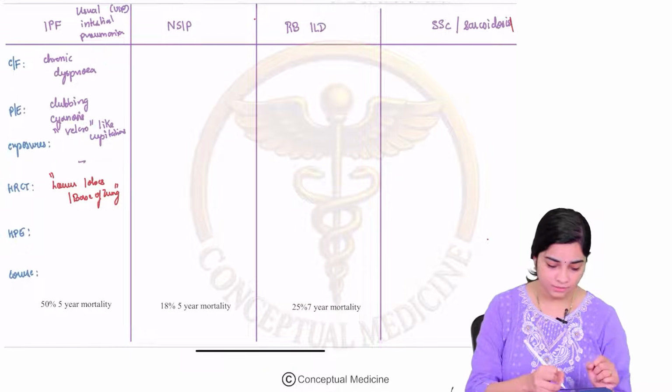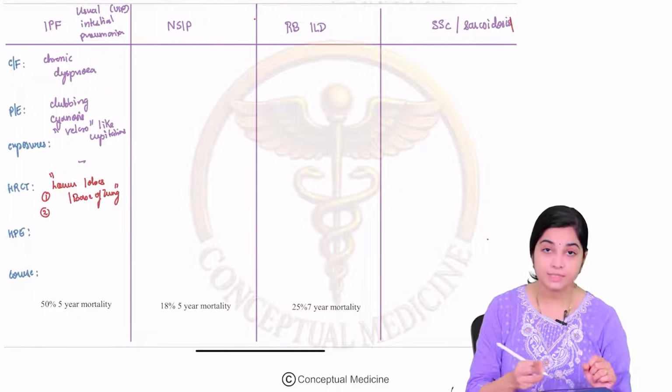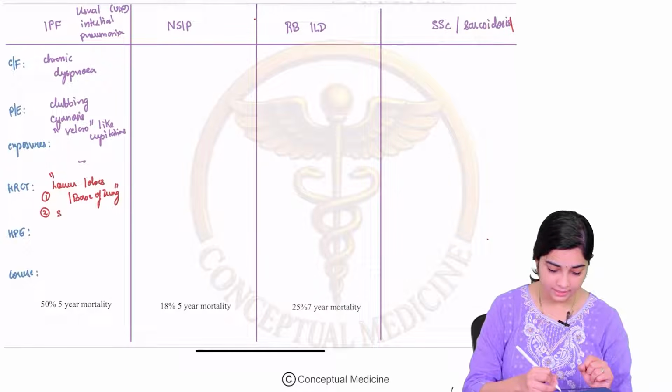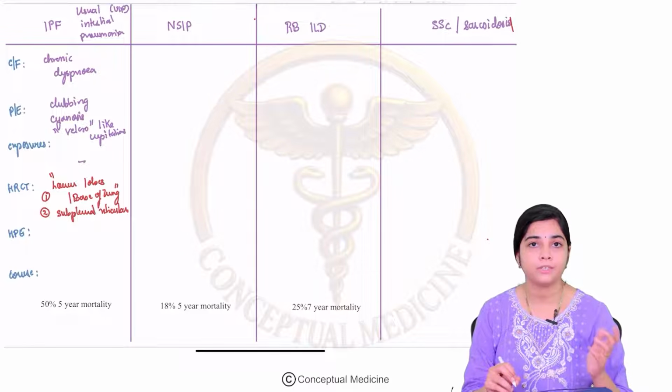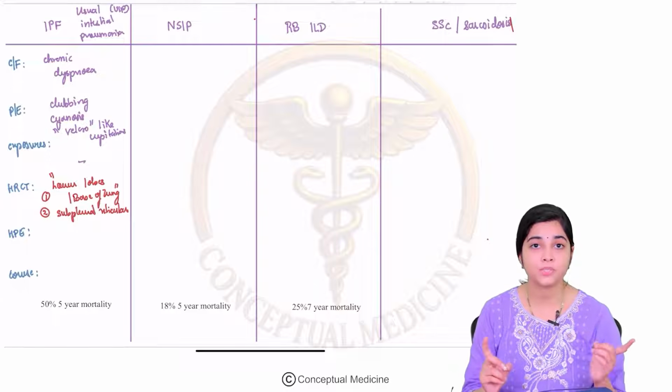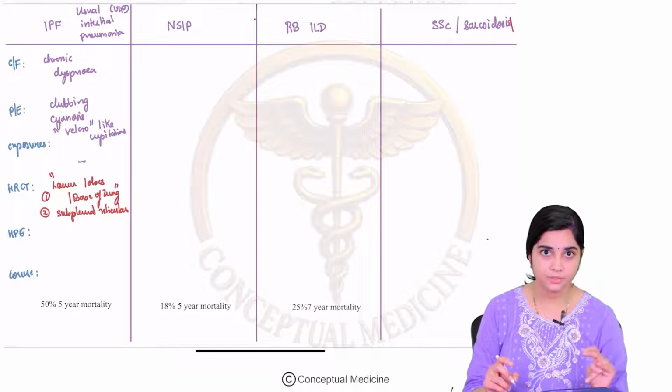Okay, fine. So that is the first characteristic. The second characteristic feature is that it has subpleural reticular findings. Okay, so you can have subpleural reticular fibrosis which is found in your IPF.